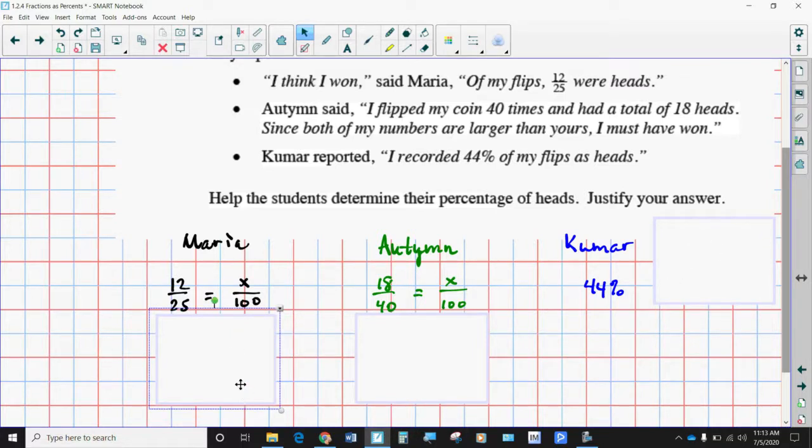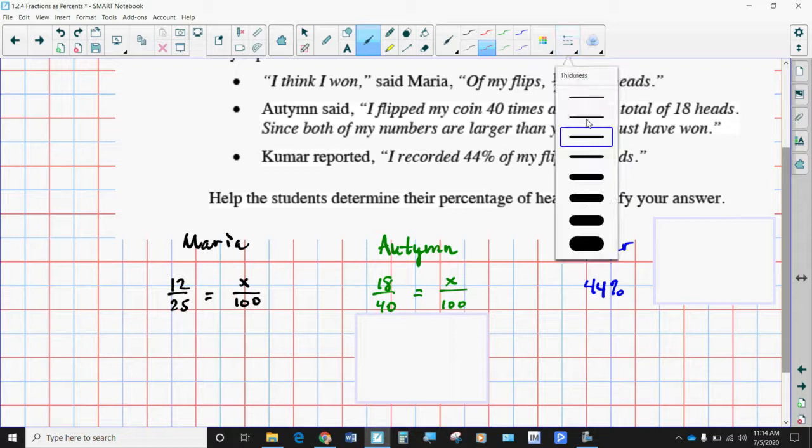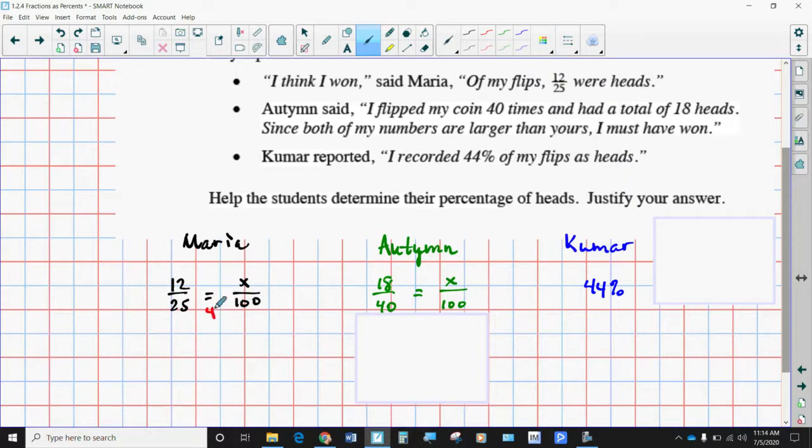What do we have to do here? Let's look at the denominator. What can you multiply times 25 to give you 100? We would multiply that times 4, correct? So thinking of the giant 1, you have to multiply the 12 times 4, and what do you get? 12 times 4 is 48, so that's going to be 48%.